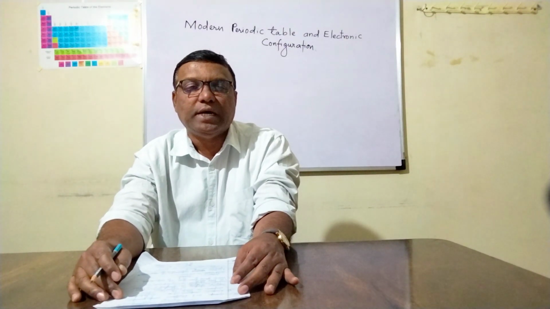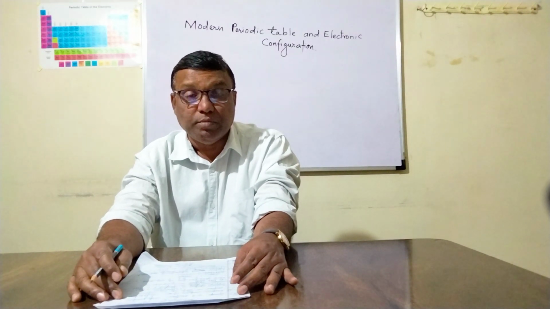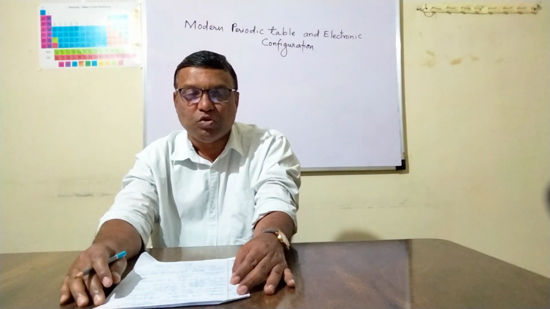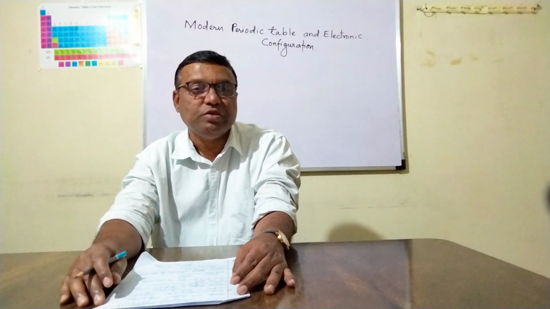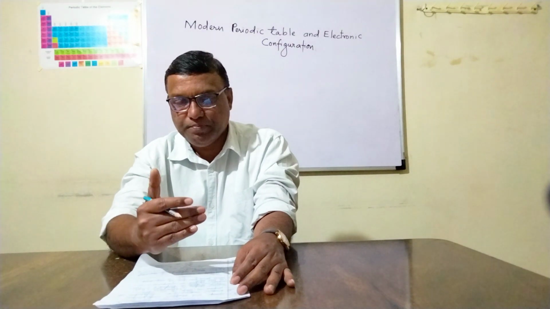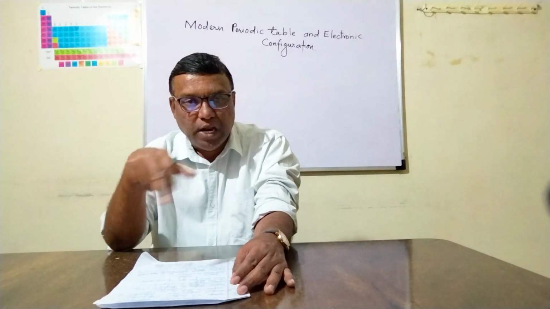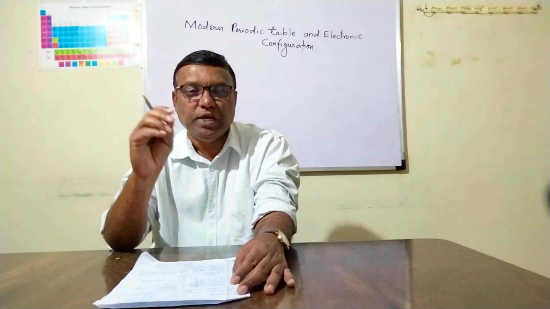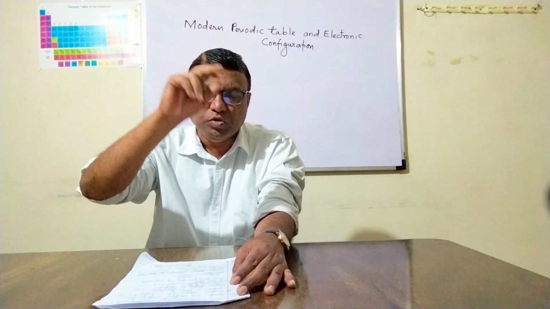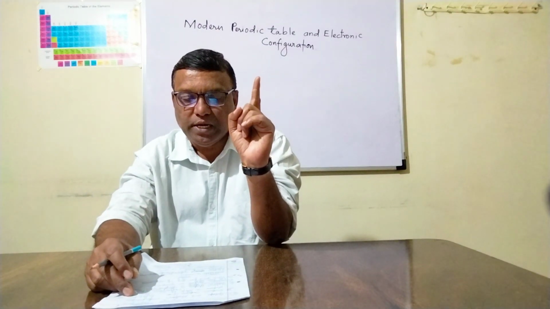Then point number second, related with groups and electronic configuration, that is valence electrons in group number 1. If we observe the electronic configuration of group number 1 elements, in their outermost orbit they contain 1 electron.